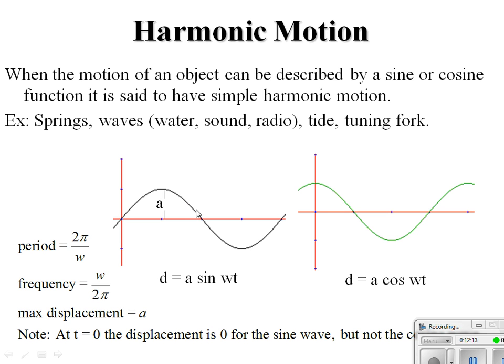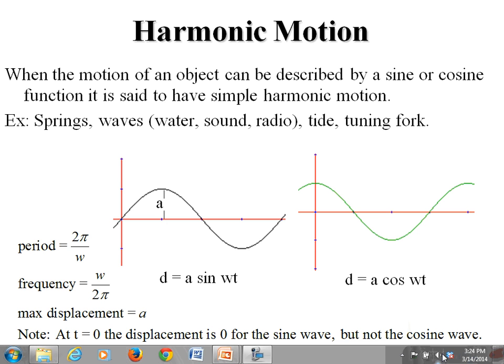As it comes back toward the x-axis, it's getting closer to its equilibrium point, and then it moves away from the x-axis again. So the furthest away that it gets is when it's at the top peak or the bottom peak. That's when its amplitude is A. So its maximum displacement is A. Works the same for cosine.